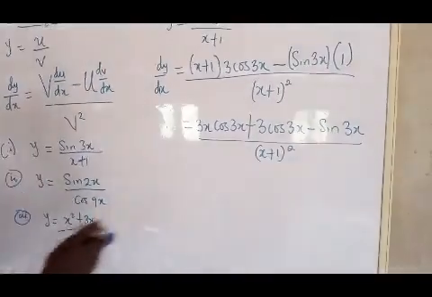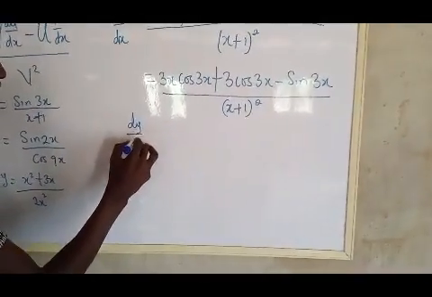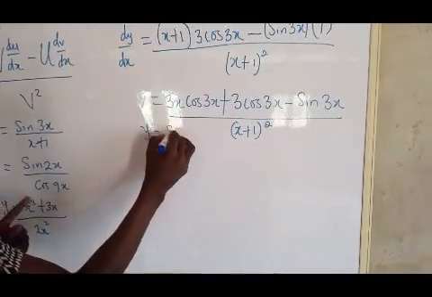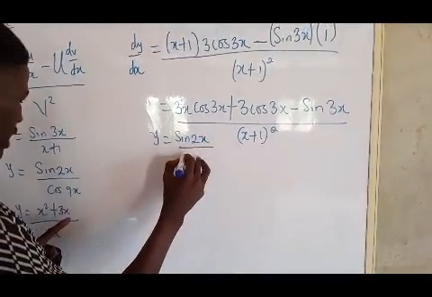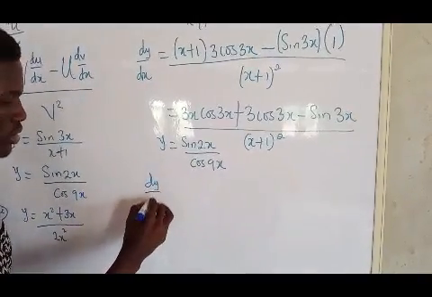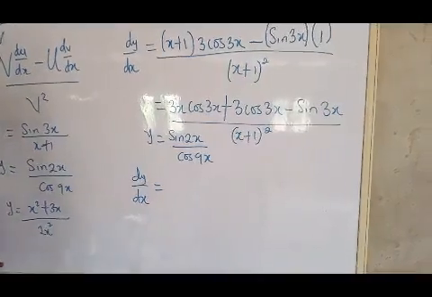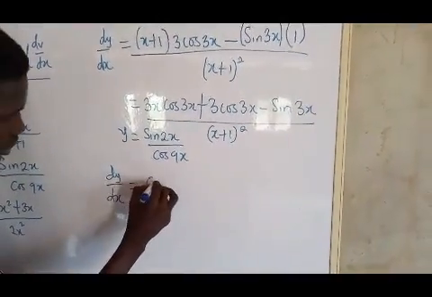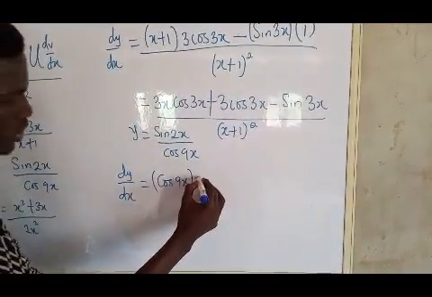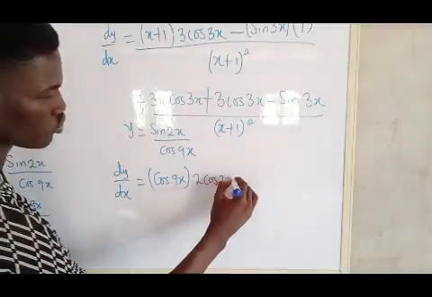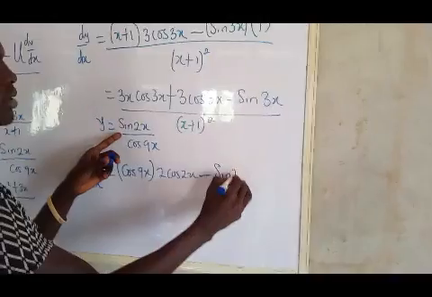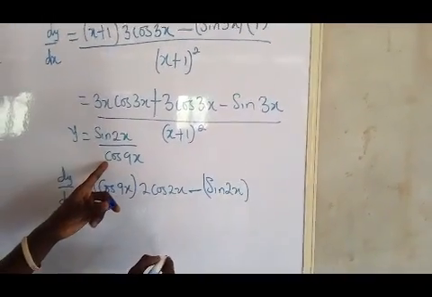All right, so let's try the second example using the same shortcut. Here we have y equals sine 2x over cos 9x. So your dy/dx will be what? v, cos 9x, times du/dx, which will give 2 cos 2x, minus u, sine 2x, times dv/dx.